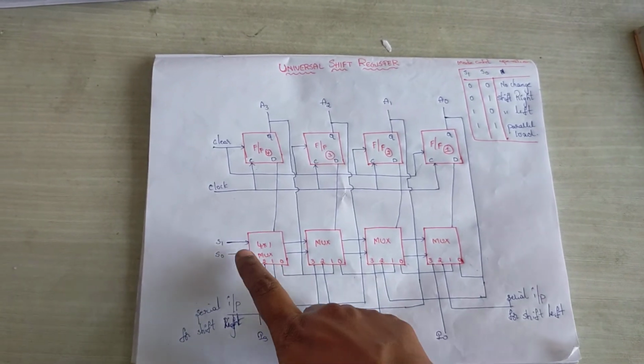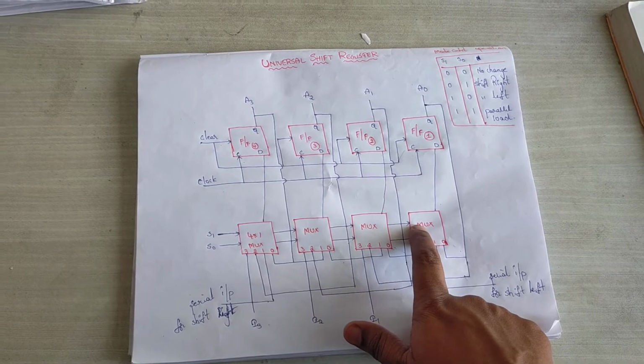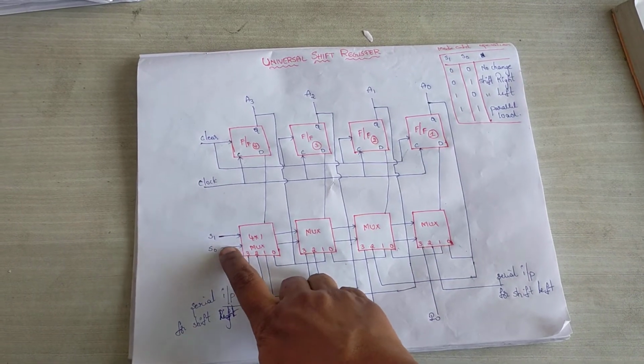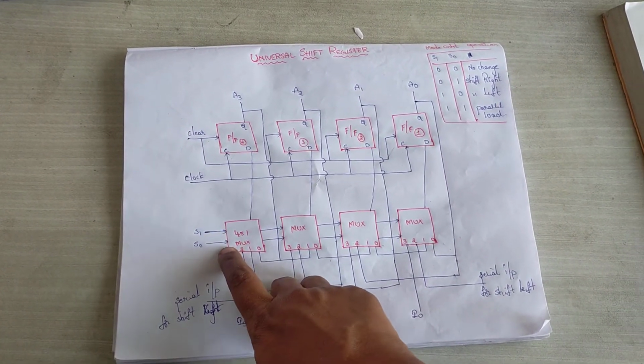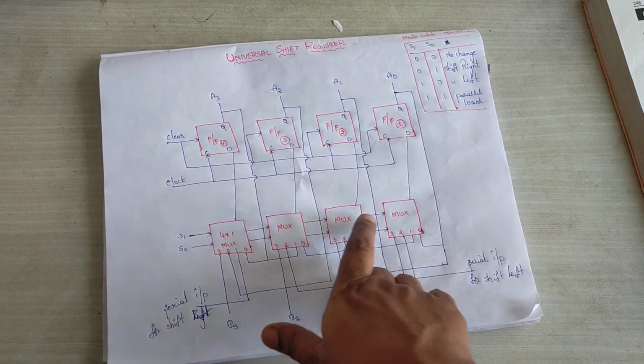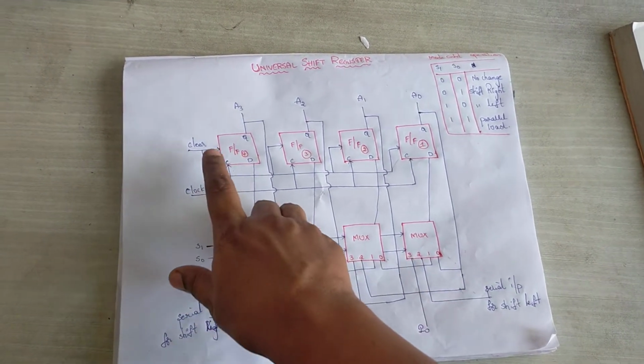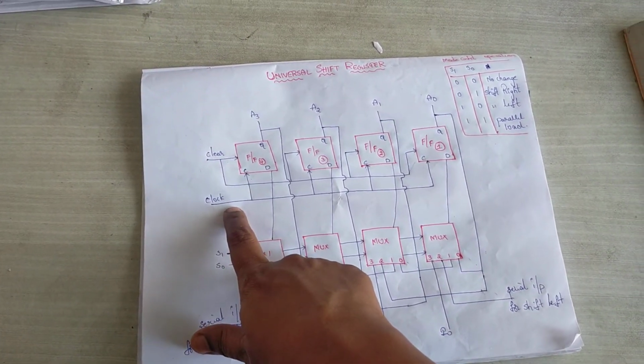It has 2 common selection inputs connected to the 4 mux, S1 and S0, connected to each of the 4 mux. And it has a clear input and a clock input.